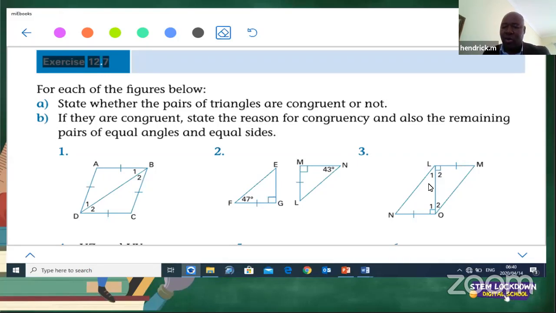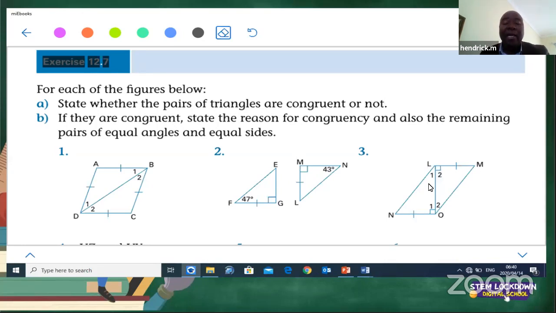Why do we say so? We are given the line LM, which is equal to NO. The two lines are equal, but equally we are given the angle NOL, which is 90 degrees. That is equal to angle OLM, also 90 degrees.